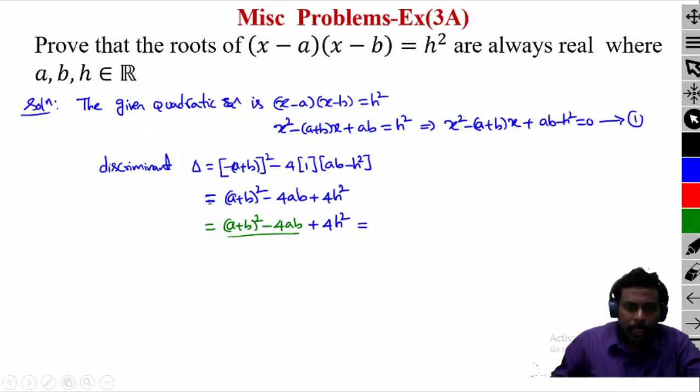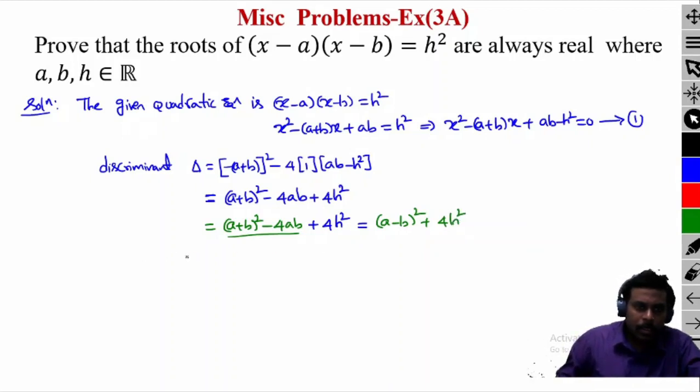Now that is equal to, now this quantity can be written as a minus b whole square, and this I am writing as it is. Now what is the value of delta now? Delta value is going to be a minus b whole square plus 4 into h square.